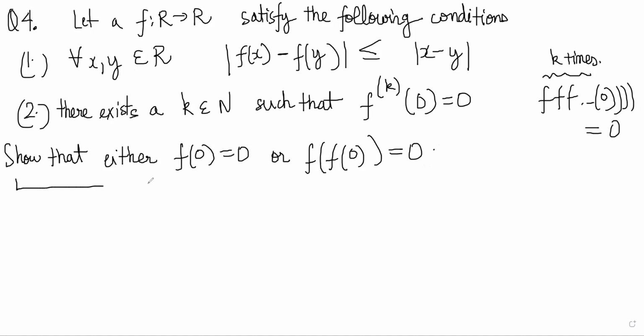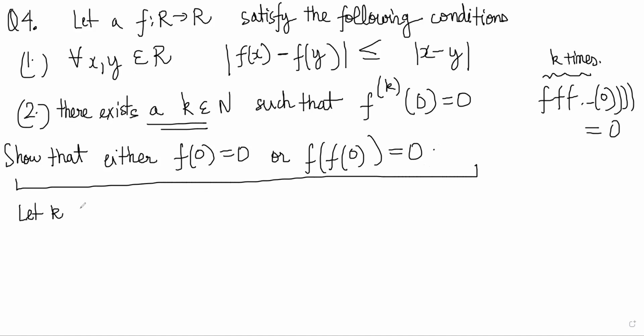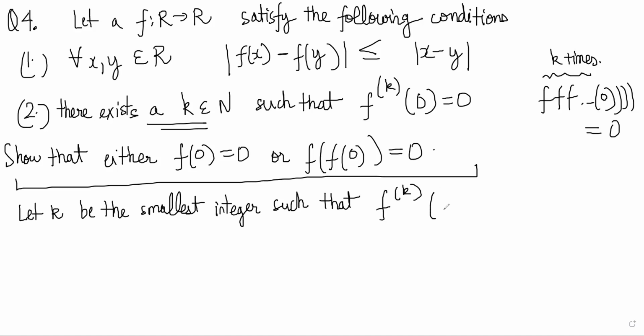Now, the way we will do it is we'll think about the k here. We can say that there exists a k such that this is 0. So let k be the smallest integer such that f^k(0) is 0, right?